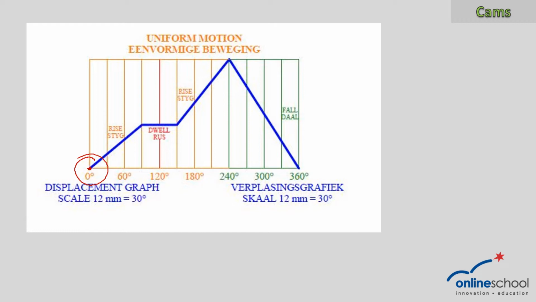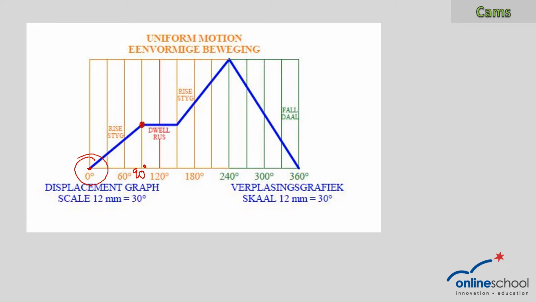And then we will see that it rises for the first 90 degrees, which means there are 3 segments or intervals of 30 degrees where it is constantly rising up to the height at 90 degrees.